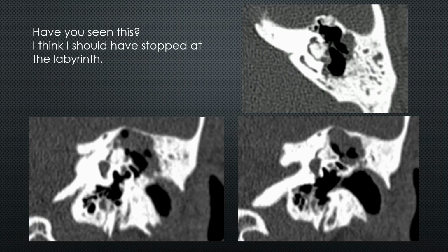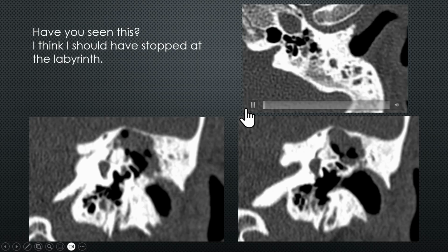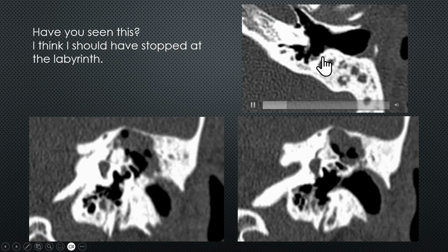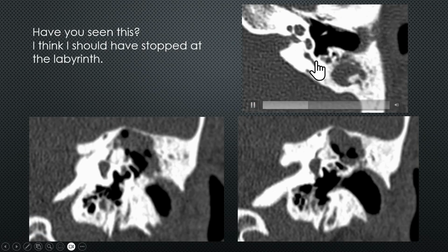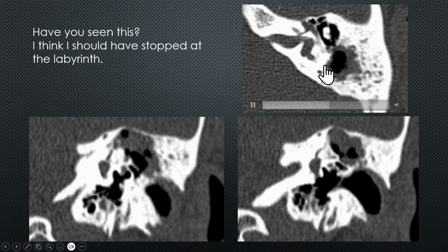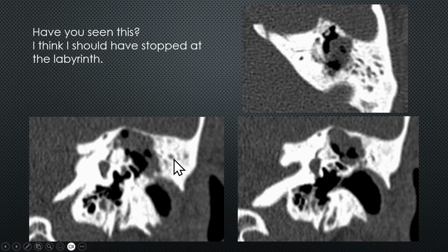I looked back at his scan later, which I really hadn't looked at well enough in my mind. I look at it and go, wow, it's a poor quality CT scan. He's got an epitympanic retraction and a cholesteatoma. Well, let's go to the OR. And you could see on this the area that was suspicious for horizontal canal fistula, so we had talked about that and the risk of losing hearing, et cetera, right there.